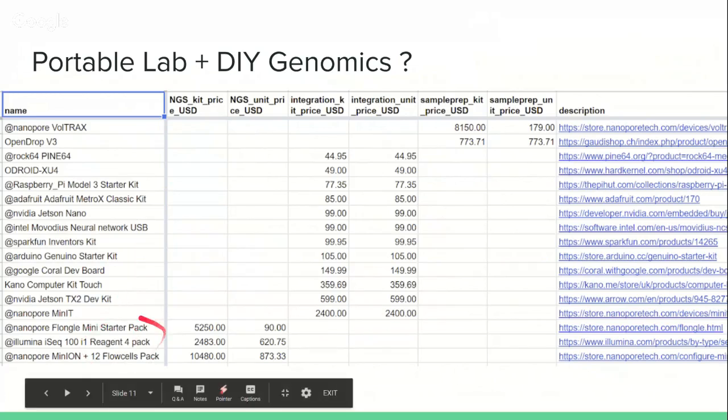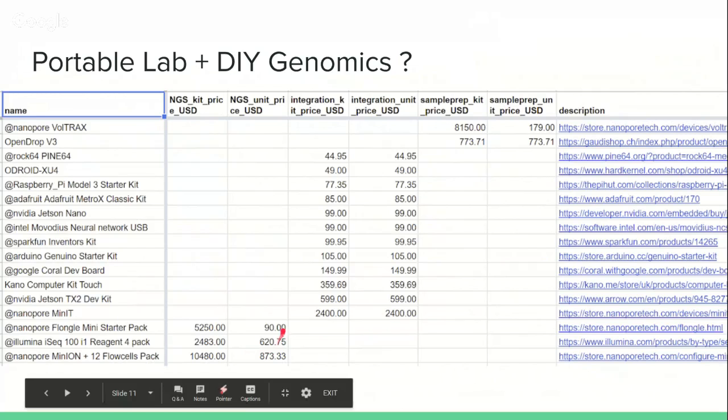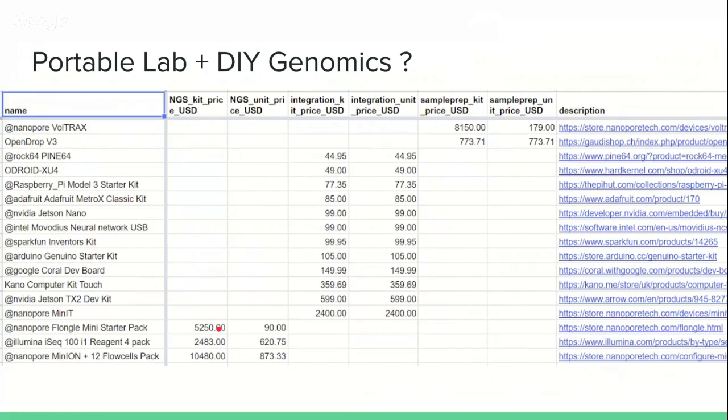So the sequencers are at the bottom, and the Nanopore Flongle, and I put prices for the kit or the starter kit or the minimum that you need to buy and the unit price, right? So for a Flongle, the unit price is $90, but you have to buy a kit containing several Flongle flow cells, and that would be a bit over $5,000.